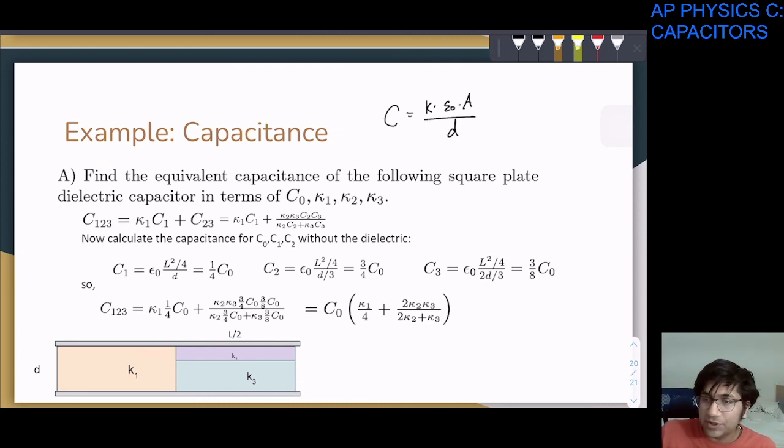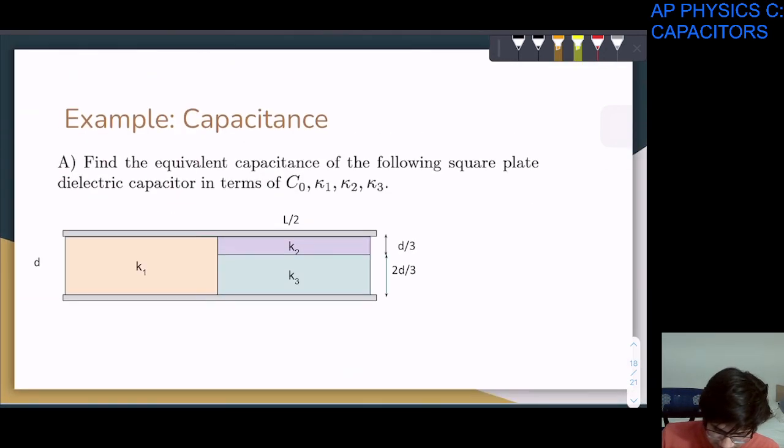Because we're not dealing with dielectrics, we said that C1 is just the capacitor without the dielectric. We just get epsilon 0 times A, which is a square plate capacitor, so it's L divided by 2 quantity squared, which becomes L squared over 4, divided by D. And then C2 is epsilon 0 times A, again L over 2 squared, divided by the distance here, which is D over 3.